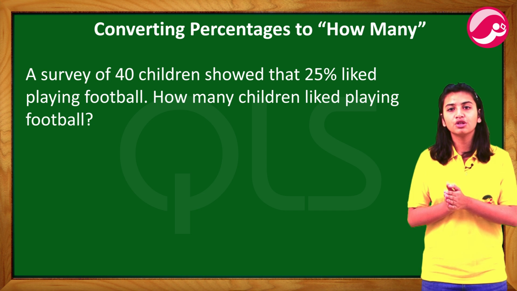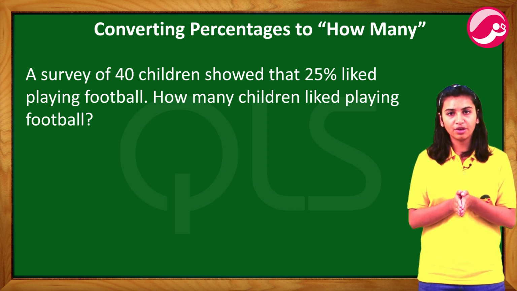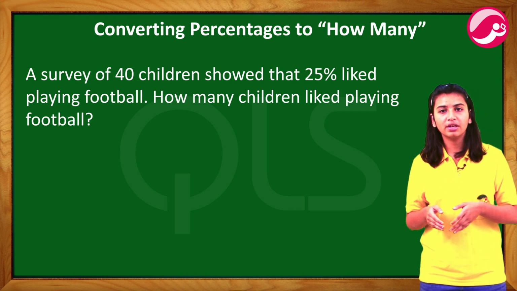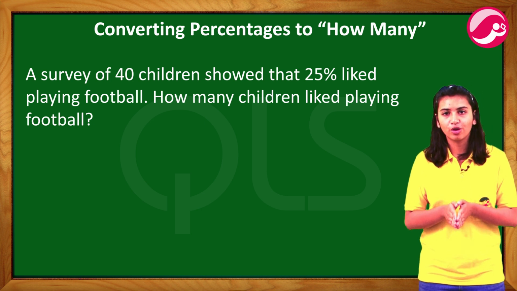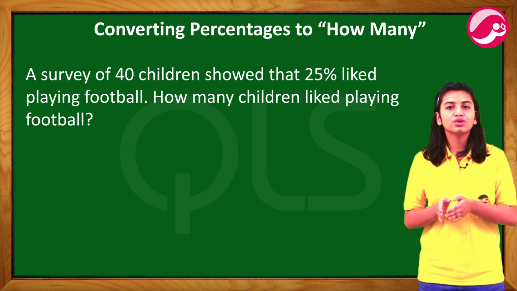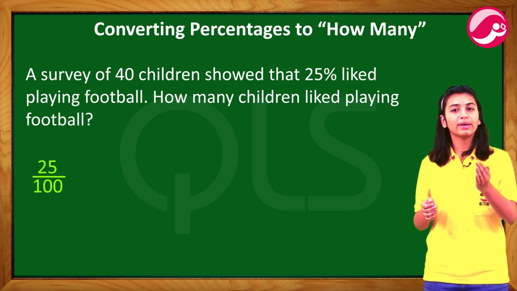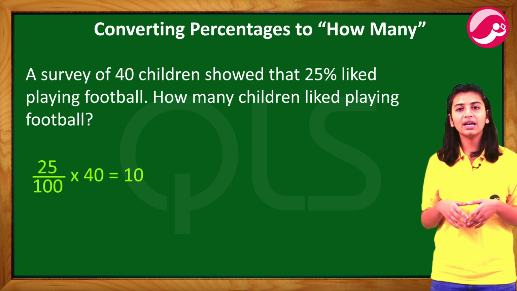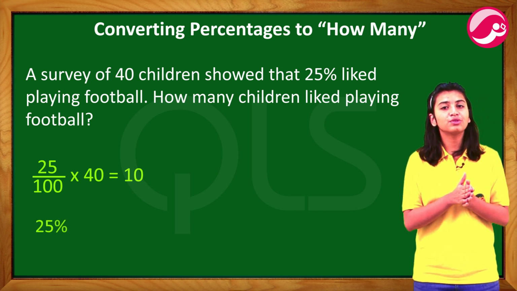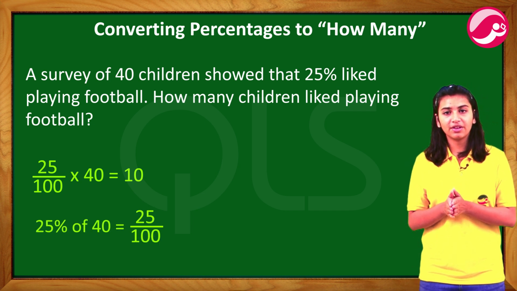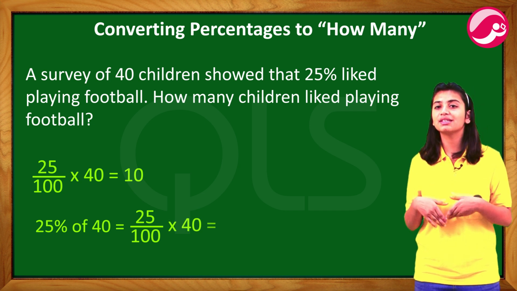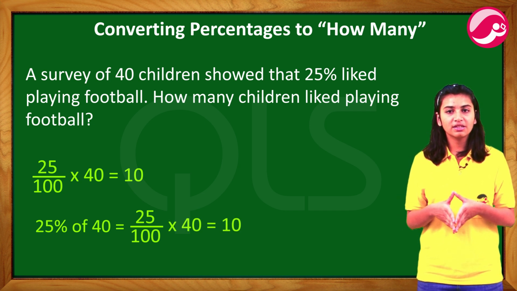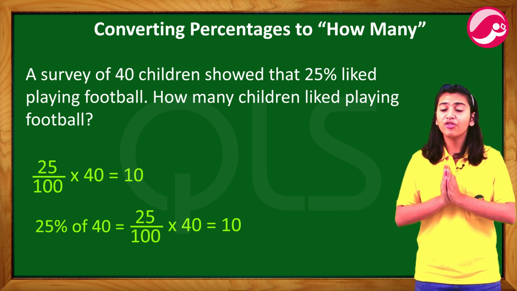You can choose either method. Arun does it like this: out of 100, 25 like playing football. So, out of 40, the number of students who like playing football is 25 upon 100 into 40, which is equal to 10. Meena does it another way: 25% of 40, which will be 25 upon 100 into 40, which is equal to 10. Hence, 10 children out of 40 liked playing football.